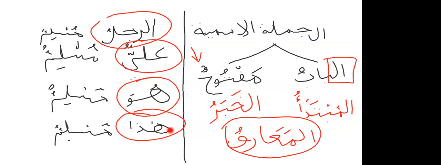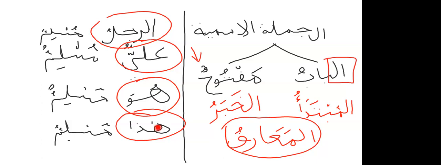The fourth category that we've learned so far is a demonstrative pronoun. هذا, this, that is for a male. هذه, also this, for a female. So these are the four categories of definite nouns that we've learned so far.